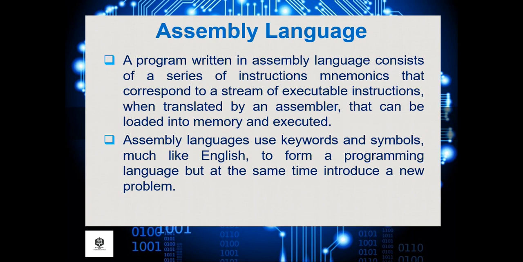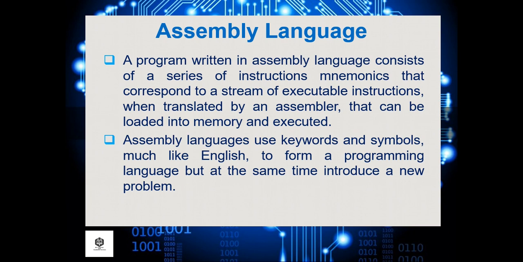Let us talk about assembly language. Assembly language is a program that consists of a series of instruction mnemonics that correspond to a stream of executable instructions when translated by an assembler, which can be loaded into memory and executed.